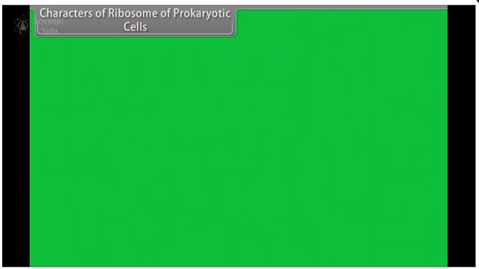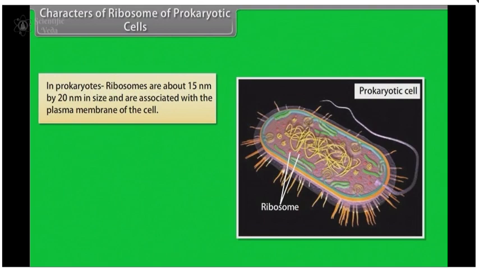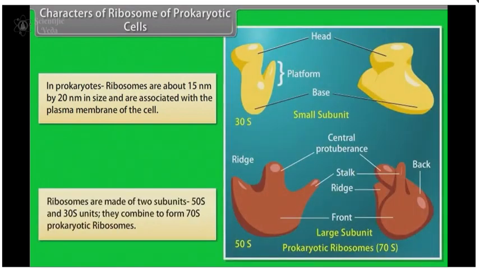Characters of ribosome of prokaryotic cells. In prokaryotes, ribosomes are about 15 nanometer by 20 nanometer in size and are associated with the plasma membrane of the cell. Ribosomes are made up of two subunits, 50S and 30S units.